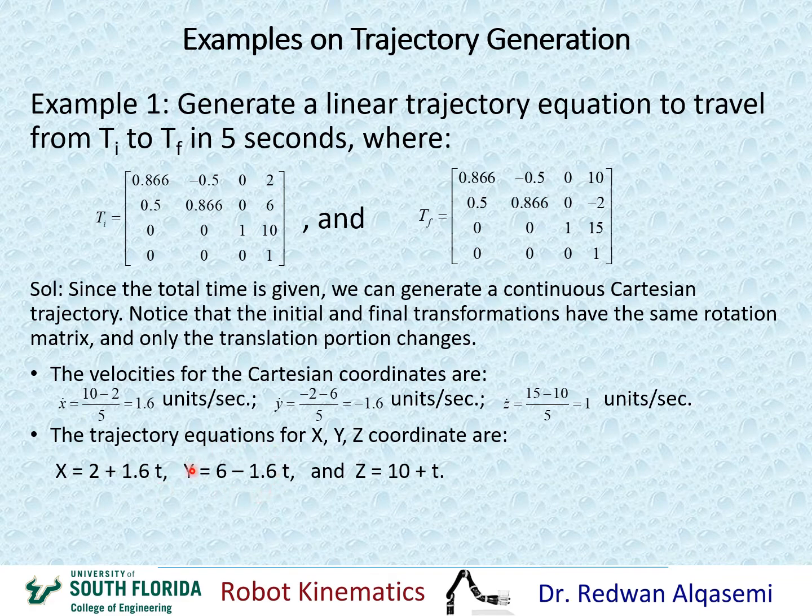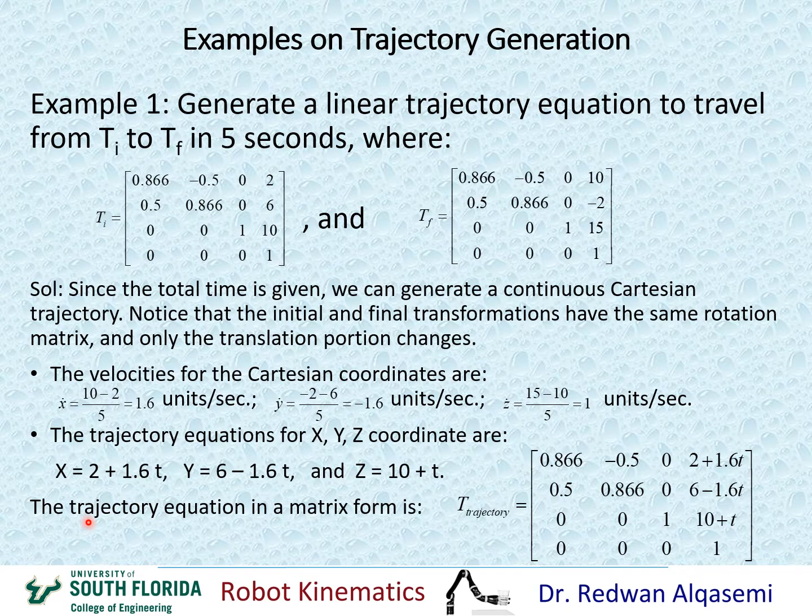Similarly for y, y equals y initial, which is 6 from here, minus y dot, which we found here, -1.6, multiplied by t. And then for the z coordinate, z equals z initial, which we have right here, plus z dot, which we have found here to be 1, multiplied by t. So these are my 3 equations that represent the trajectory in my 3 Cartesian linear coordinates.